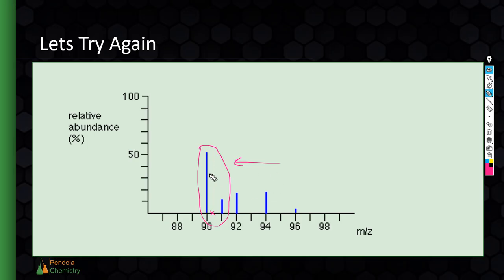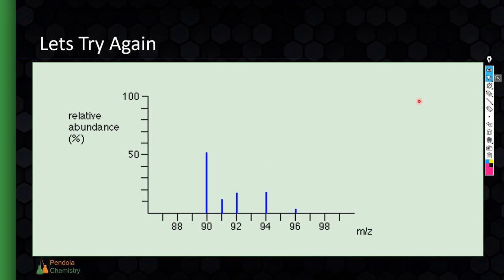So be careful with those, because that could be the prompt for a paper 1 question where they give you the mass spectra, and without doing any math, you could figure out the right answer by just looking at which one has more abundance, which one's going to have more influence, so it should be closer to that. If they gave me something around 90.5 or 90.7, and all the other answers are 94, 96, 95, then without doing any math, I can tell that the 90.5 or 90.7 answer is going to be the correct one.